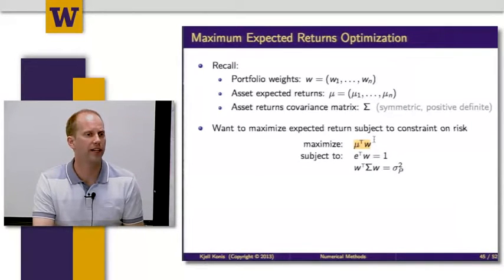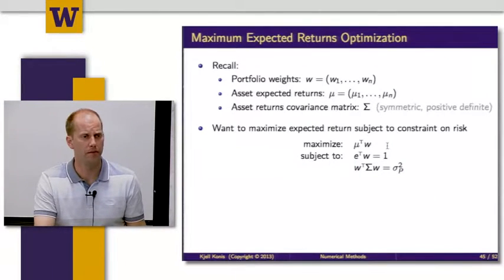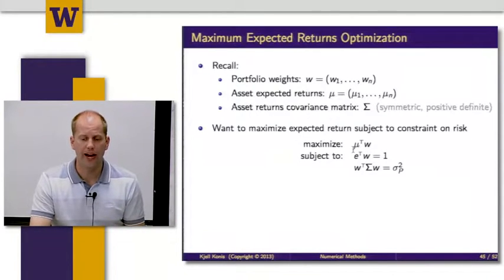This is a linear quantity because the mu's are given to me, and the w's are all to the first power. So mu1 is the coefficient times w1, mu2 is the coefficient times w2, and so on. And then I have two constraints.